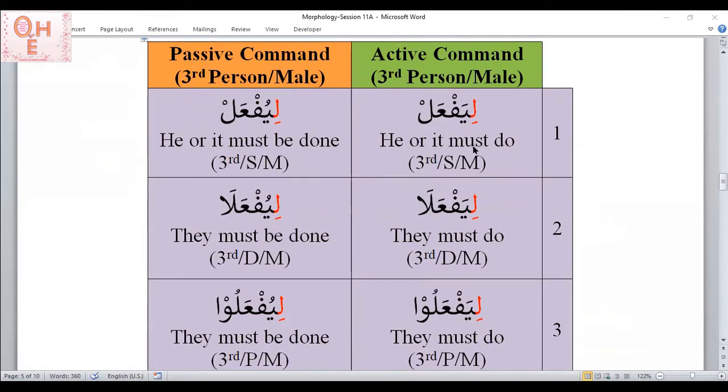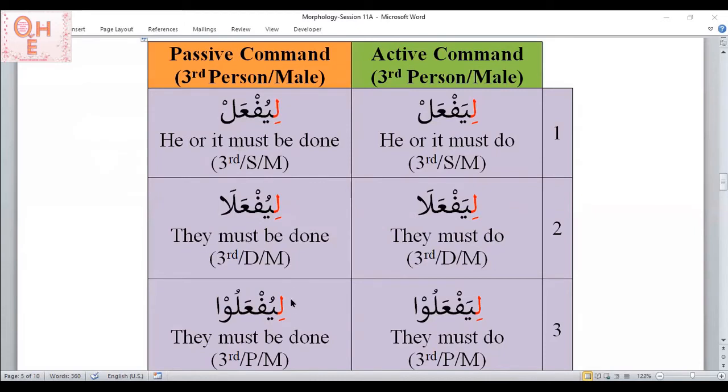So for the command verb, sometimes the meaning can be in terms of must or should. For the dual again, they must or should do. And for the plural also, they must or they should do. For the passive, it will be in the passive meaning. So he or it must be done.